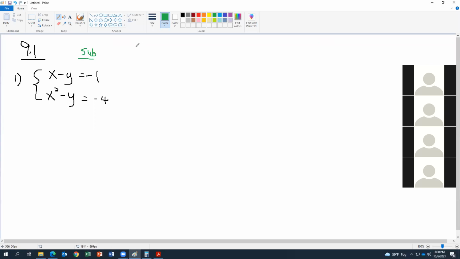We have to solve either x equals or y equals, and then you plug it back. We will not do the second one because of the square. So we will pick the first one because there's no square involved. So I want to solve this using x. Can someone tell me how you make this x equals? Solve for x here. You move this over there. So what do you get?